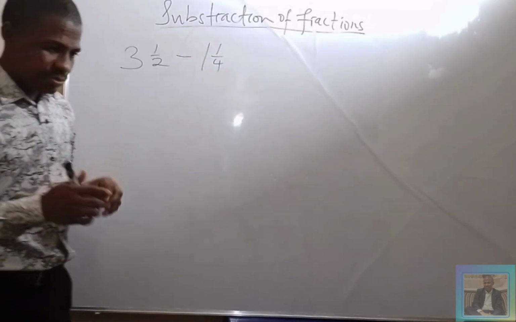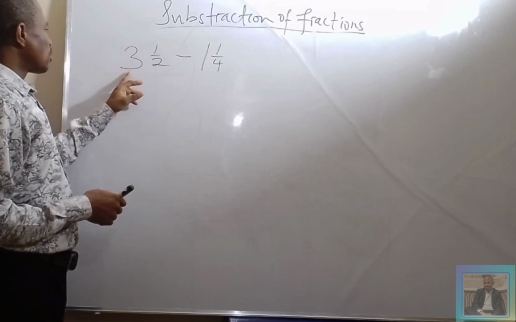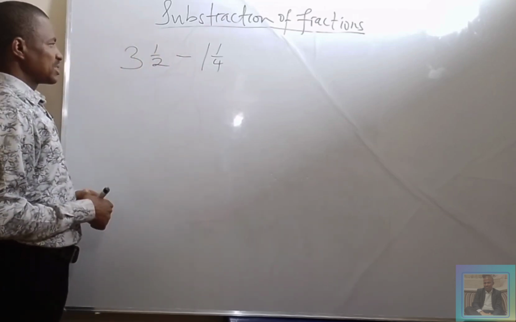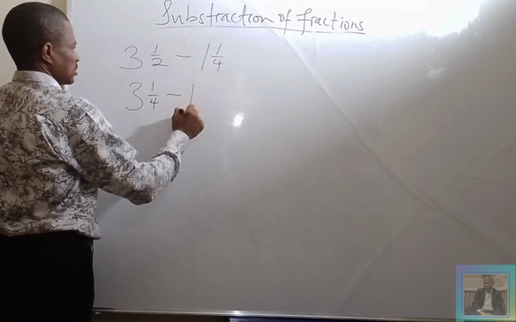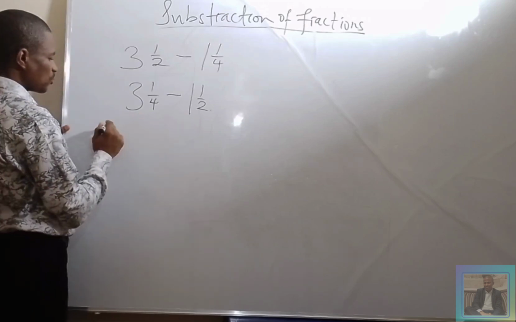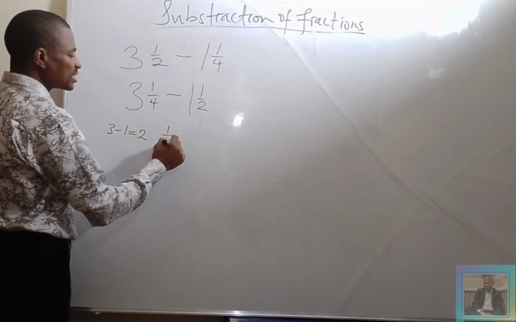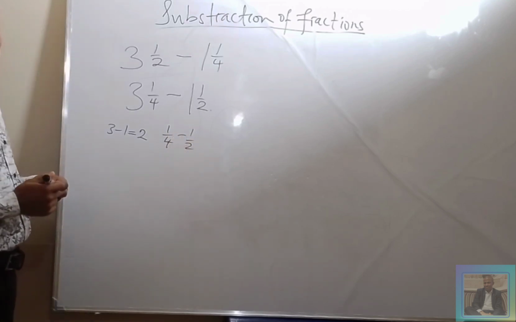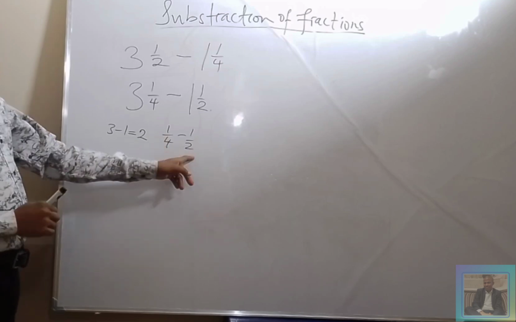But if we do the subtraction of integers first, we may have a situation like this: 3 minus 1 is 2, and then subtracting the fractions can be difficult because a quarter is smaller than a half.